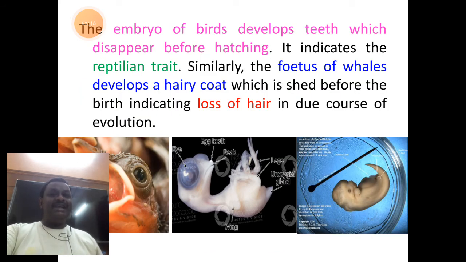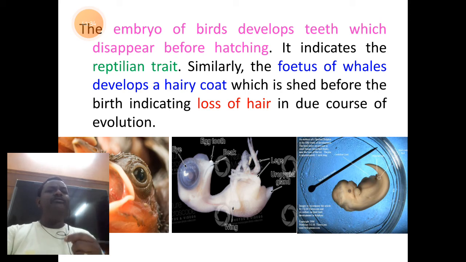Same with birds and whales. The embryo of birds develops teeth, which disappear when they become adult. So it indicates a reptilian trait in the birds. Birds during their developmental stage show the ancestral reptilian characters in them.